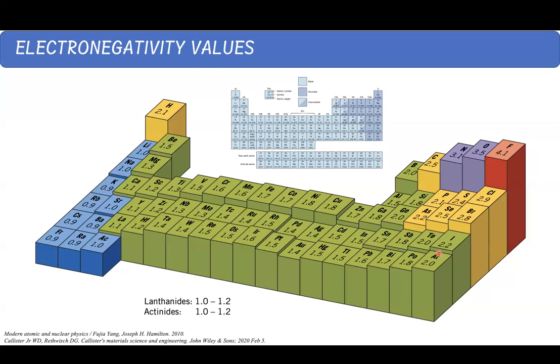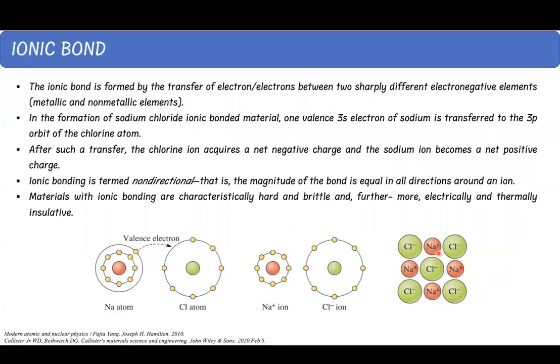Okay, let's go to the ionic bond. Ionic bonds are formed by the transfer of electrons between two sharply different electronegative elements. One element is on the left side of the periodic table and another is on the right side.